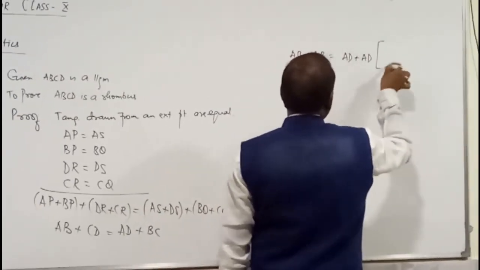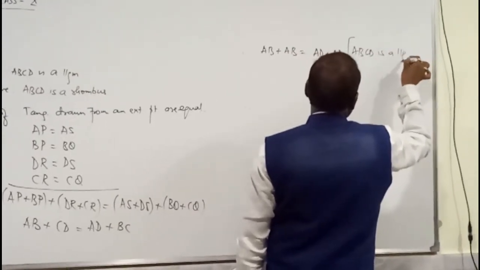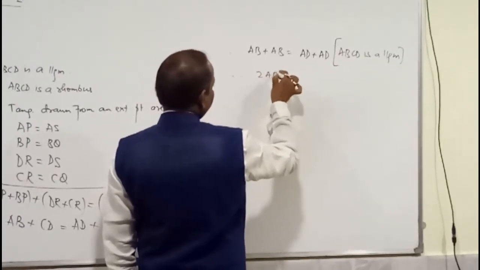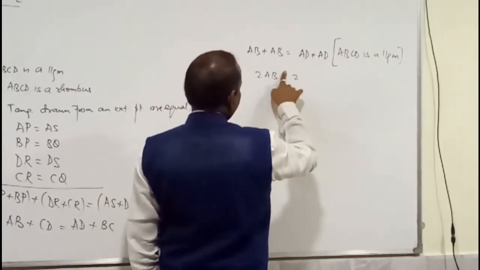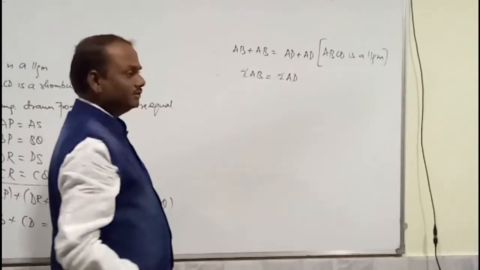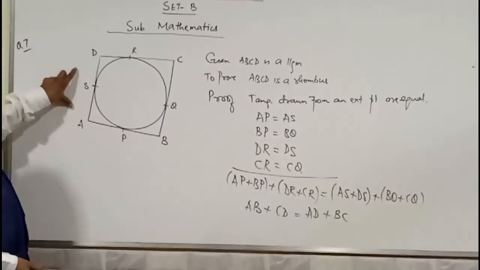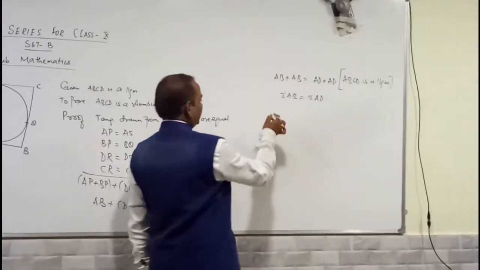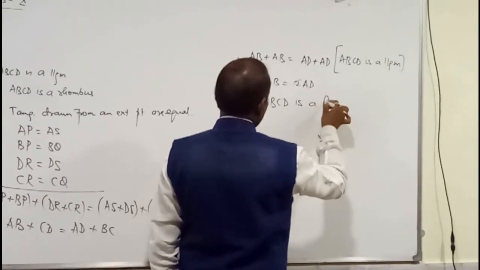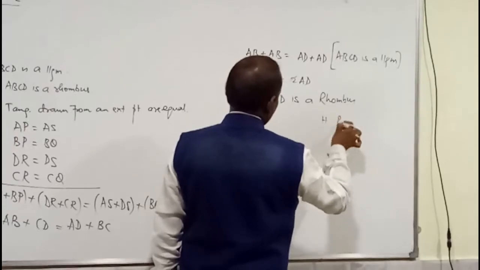The reason for this is that ABCD is a parallelogram, which is given to us. So here I get AB plus AB is twice AB, and AD plus AD is twice AD. The 2 gets cancelled. I get AB is equal to AD. It means I have got AB equal to AD, a pair of adjacent sides equal. Therefore I can say that ABCD is a rhombus. So hence proved.